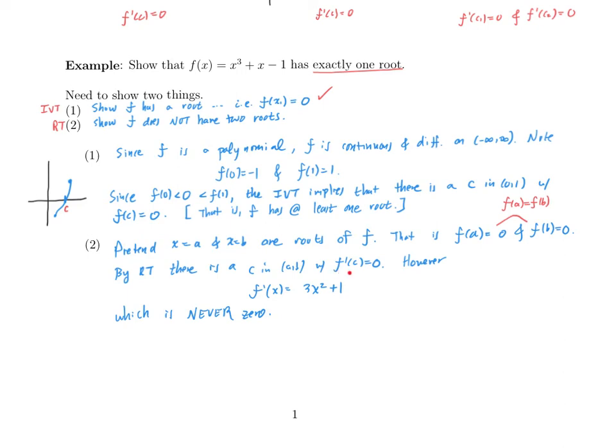But just a moment ago, we said it is equal to 0 somewhere. And if we're saying it's never 0, that means this thing we started by pretending, that there are two roots, cannot possibly be true. So therefore, there can only be one root. So there cannot be two roots.